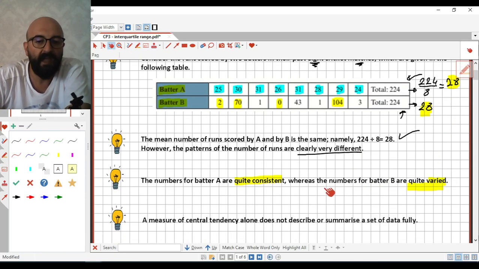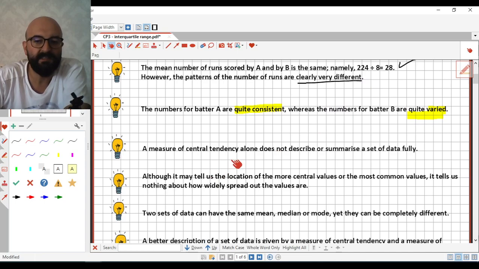Okay. A measure of central tendency alone does not describe or summarize a set of data fully. Although it may tell us the location of the more central values or the most common values, it tells us nothing about how widely spread out the values are.